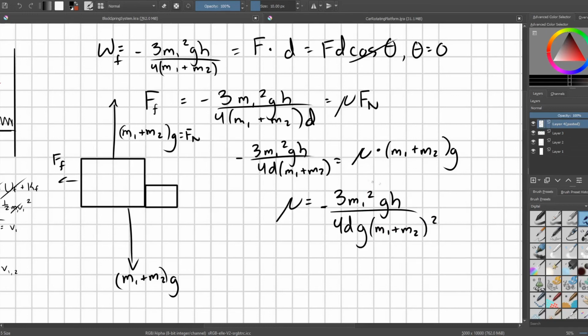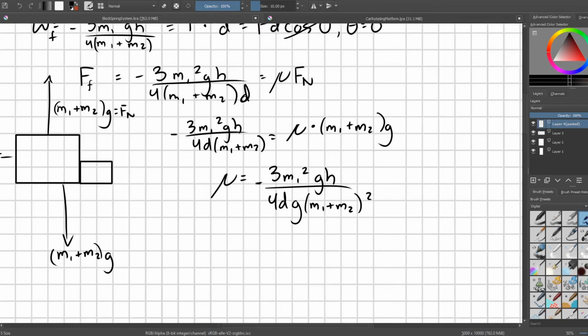We just divided those terms over, right? And I guess in terms of sign, whenever we're looking at the coefficient of friction, the actual sign doesn't really matter. You set it to positive, it's just a constant that we use. But that would be its magnitude.